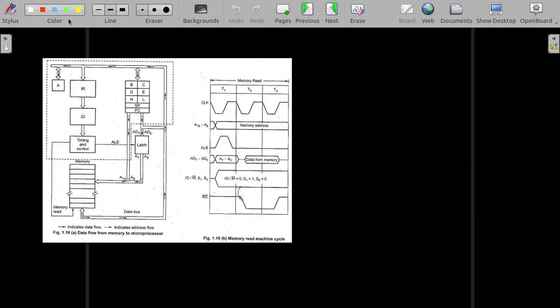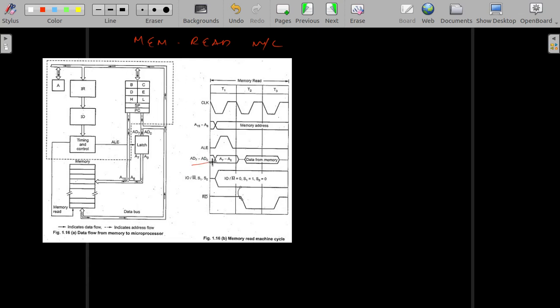Now, this is the memory read machine cycle. Again, nothing changes here. ALE is initially disabled, then it is used; it goes from 1 to 0. Then similarly the lower address byte and data from memory.